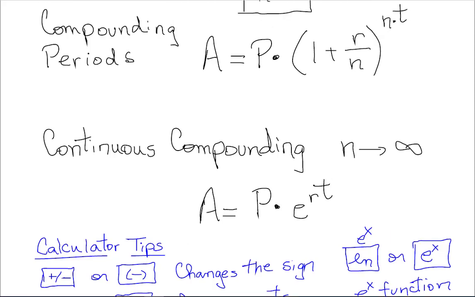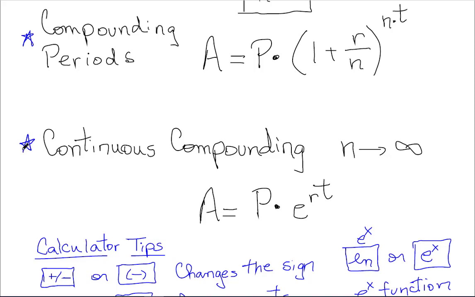So if we have a certain number of compounding periods, the formula is the amount A is the principal times 1 plus my rate divided by the number of compounding periods, and then we have n again multiplied by the length of time. So the number of compounding periods appears in two places.